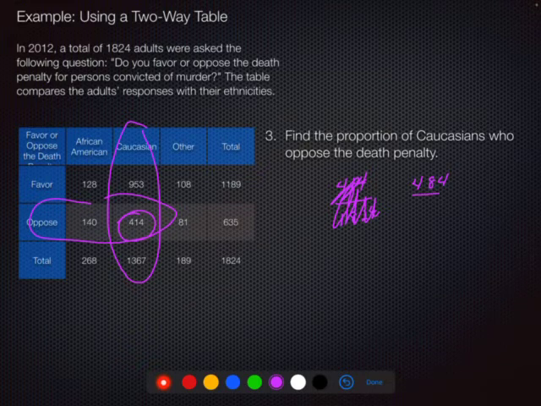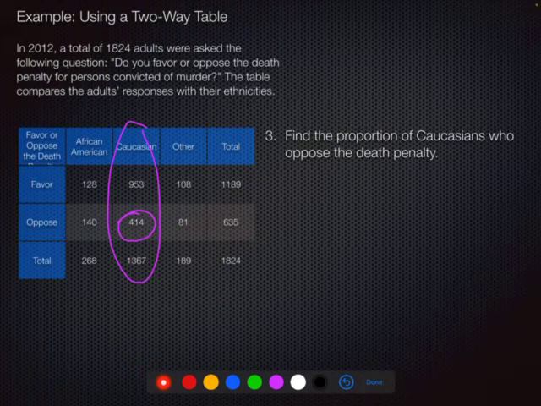We only have 1,367 of them. So it's 414. There we go.